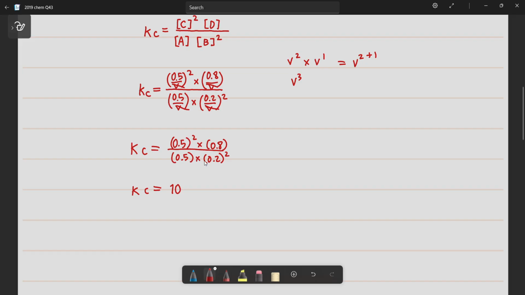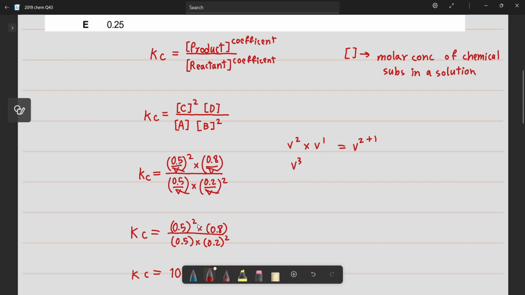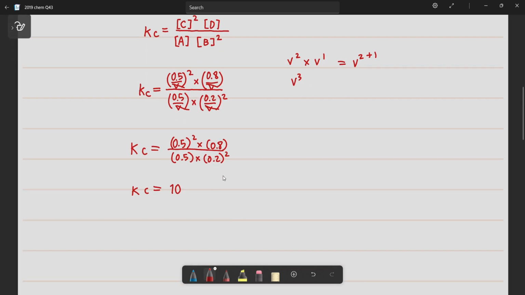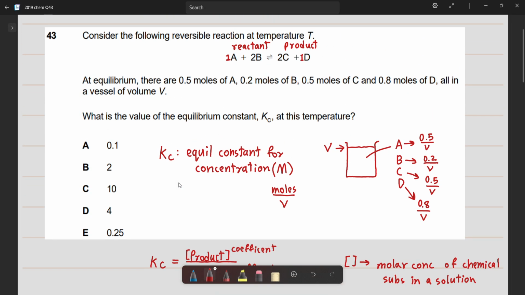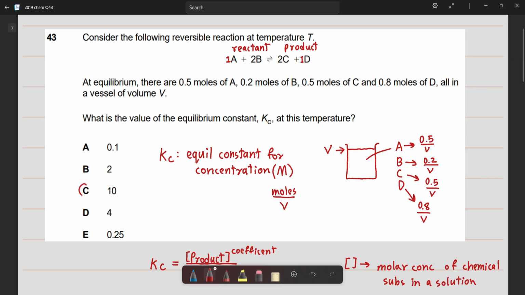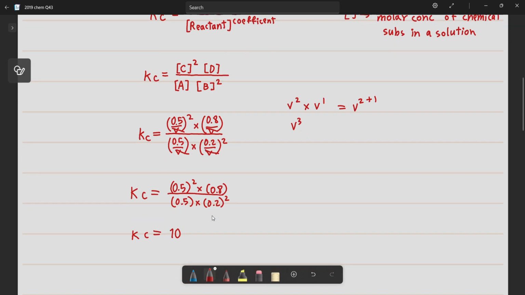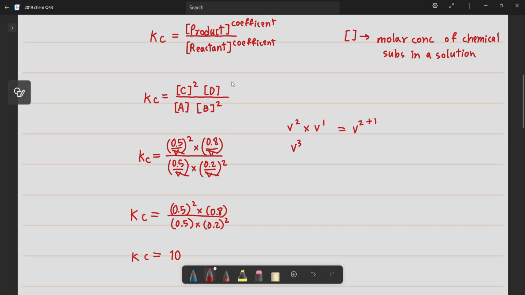Also most equilibrium constants are unitless, because both numerator and denominator have moles per volume in cubic form, and both of them are like terms, so they cancel out altogether. So it's unitless. So Kc is equal to 10. So we know it's option C, which is 10. Okay, so that's how we solve this question.